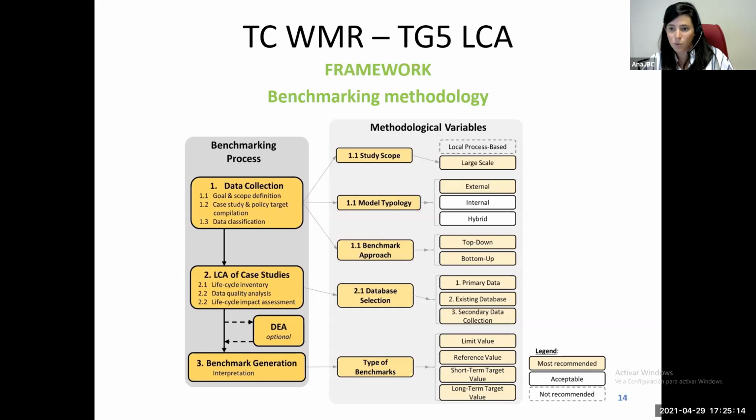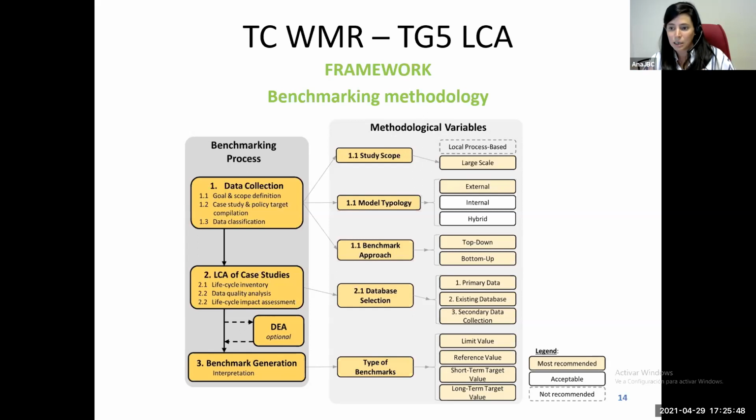The first three are within the first step, the data collection, and first of all we have to define our study scope. In our TG, we are going to do a large-scale study, considering that we want to collect as many case studies and data as possible. Then we have to choose our model typology. This is related to the type of data that we are going to use: if external, we use case studies, so real data.